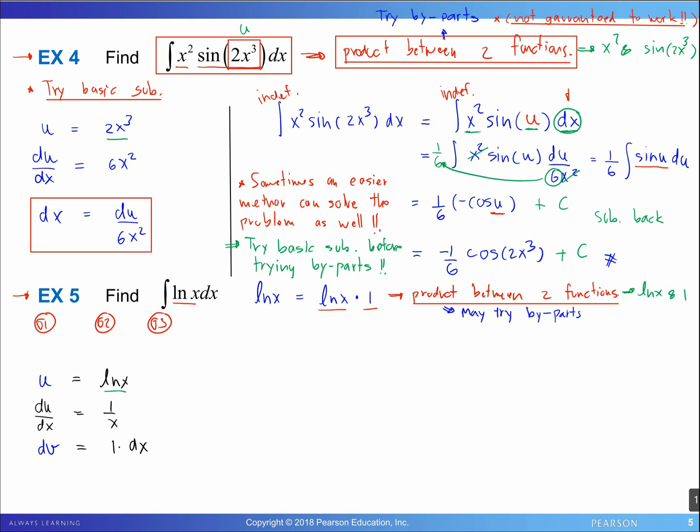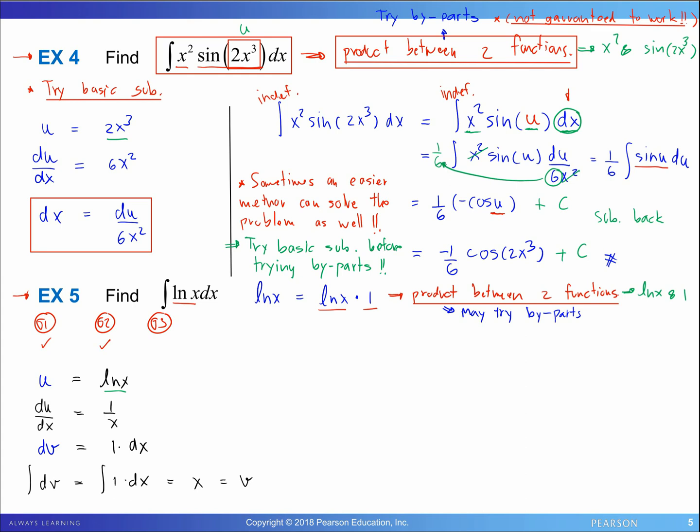So u can be differentiated. g1 is satisfied. And now for g2, we integrate dv. And we have integral of 1 dx, which is equal to just x, and that is v. So dv can be integrated, which means that g2 is satisfied.